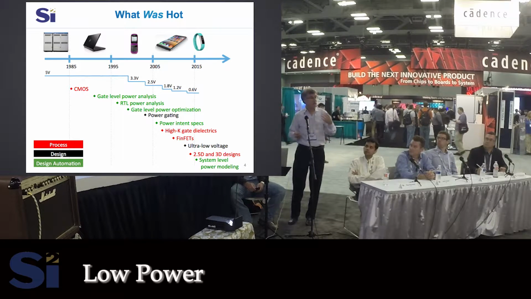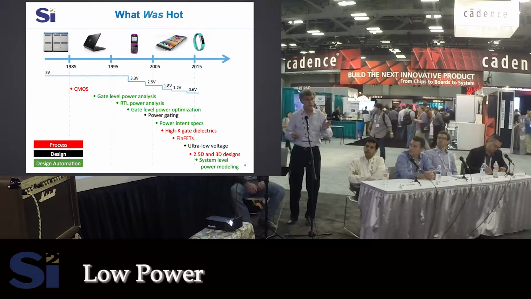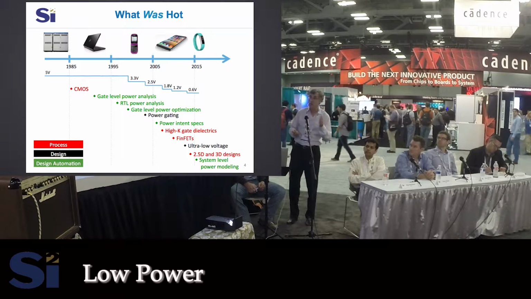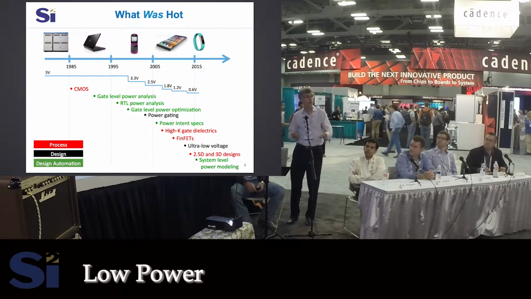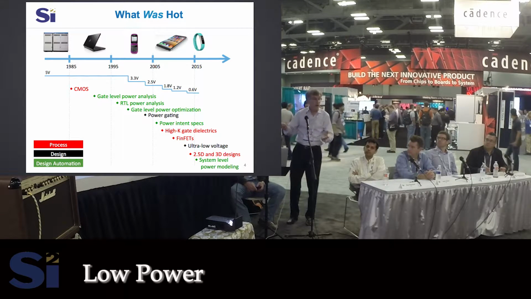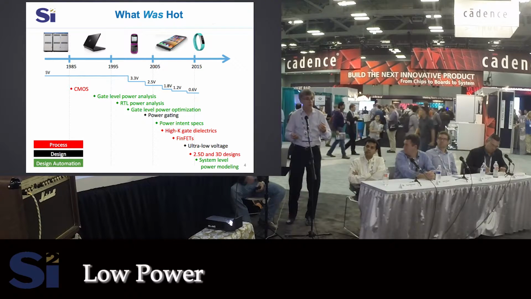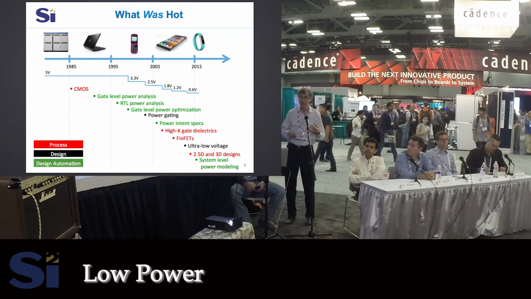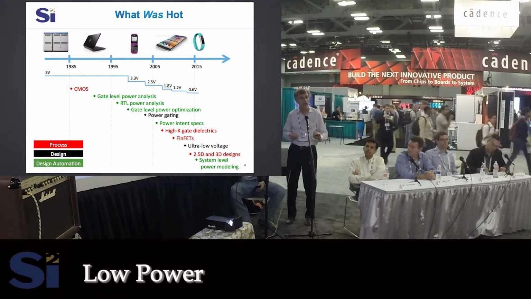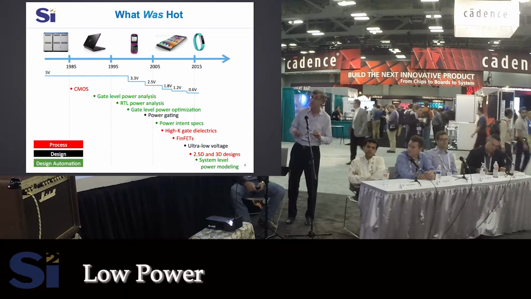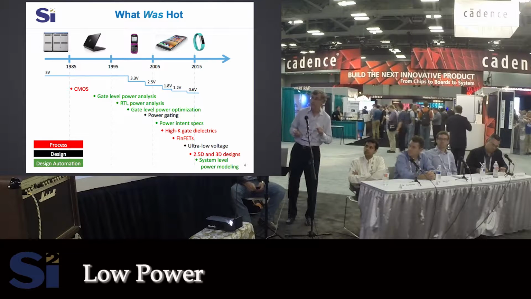And that reduction in power supply levels continued to drop as we went forward. And we brought other solutions to bear, gate-level power optimization. Power gating was deployed to deal with leakage issues that came about because of the reduction in supply voltages and threshold voltages, and so forth and so on.